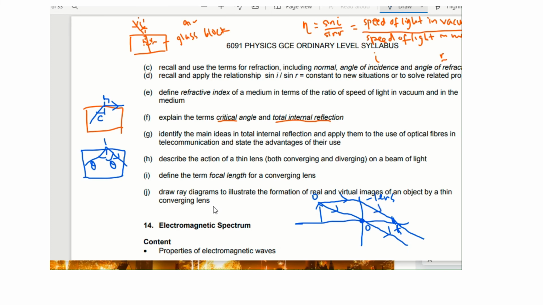Okay, so when these two rays intersect, that is where the image is. Okay, sometimes the rays do not intersect behind the screen, they intersect at the other side. Okay, when that happens, instead of having a real image, you have a virtual image. All right, so that's all for this chapter on light.